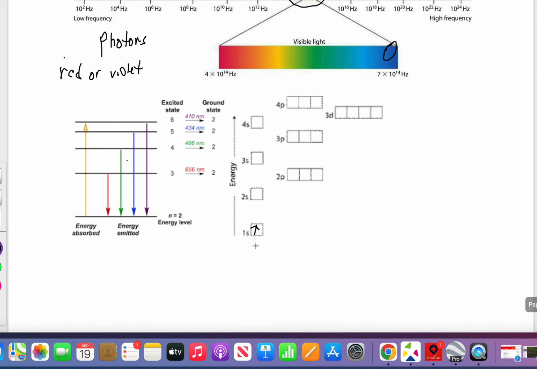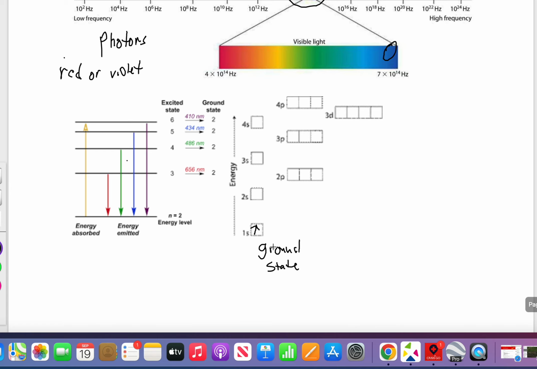So let's say we ran some electricity through it or did like when we did the flame test. We excite this electron and we make it jump. The bottom part is called the ground state. We're going to make it jump from the ground state to an excited state.